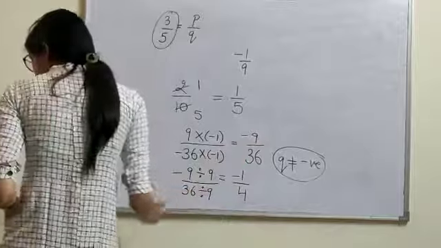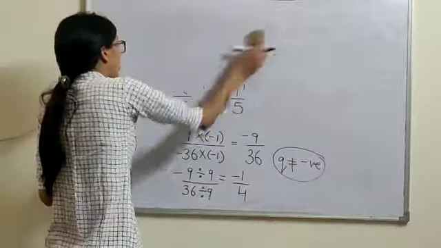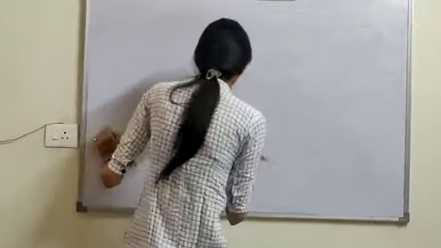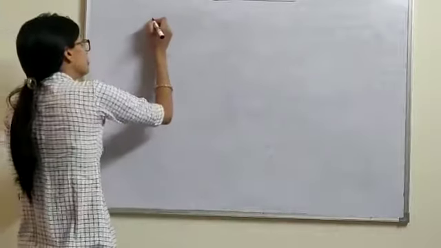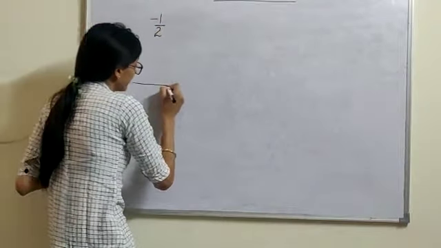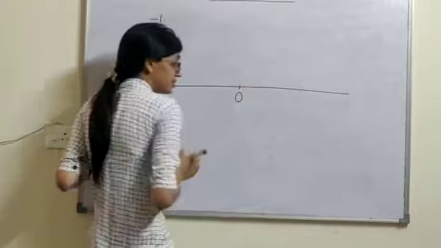Okay, now the next and the last topic we need to discuss is how you represent rational numbers on the number line. First of all, a rational number is given to you: minus 1 by 2. You know, whenever we draw a number line, in the center there is 0.